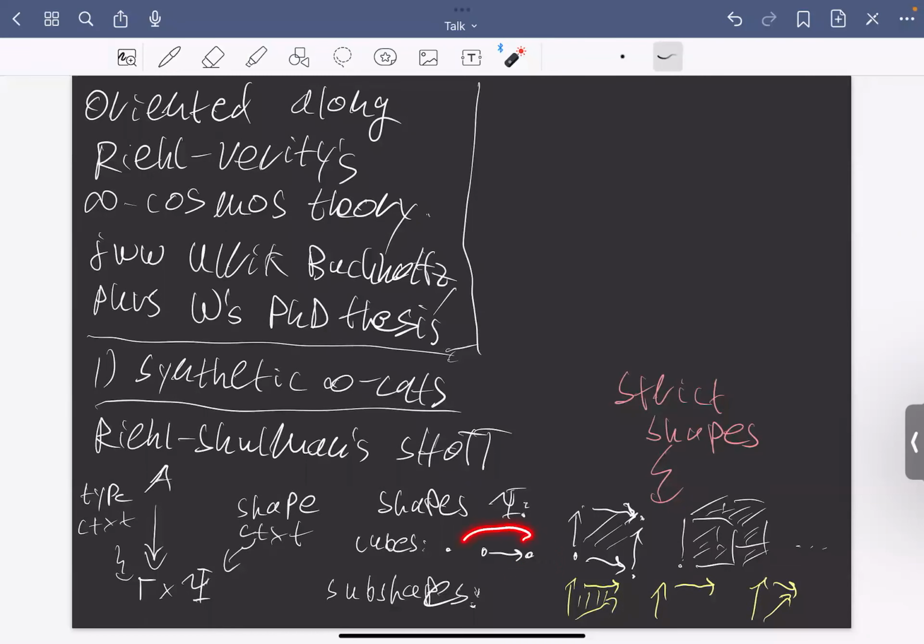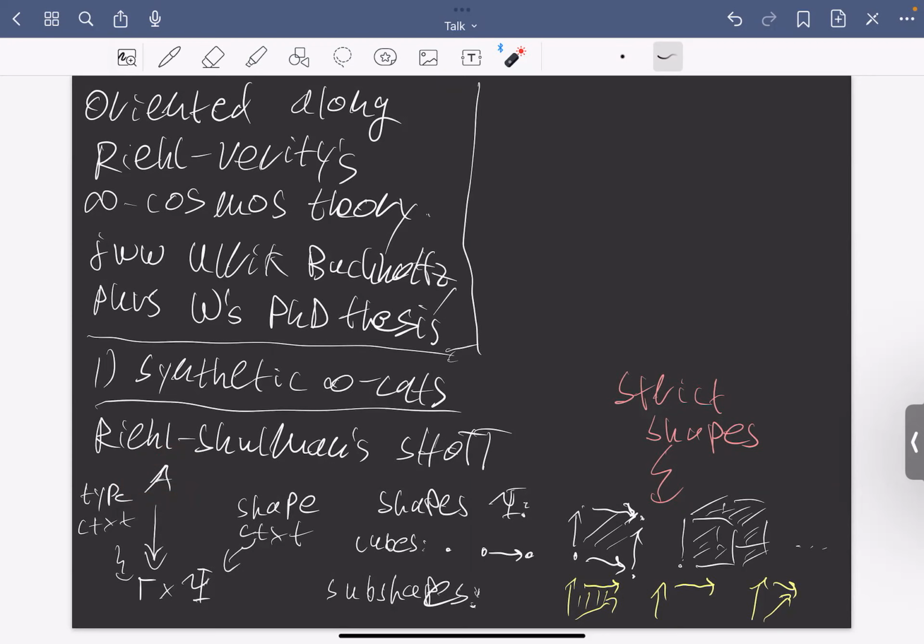It doesn't involve any homotopy at that point, and that's important to note, because the actual objects of study are the types, and those are supposed to be some kind of generalized space, some of which will then be categories in a way that I'm going to explain.